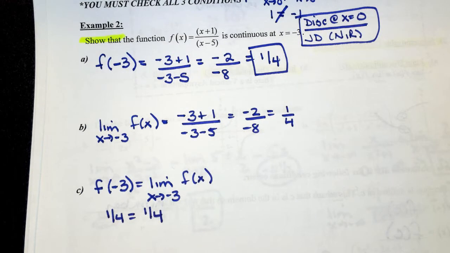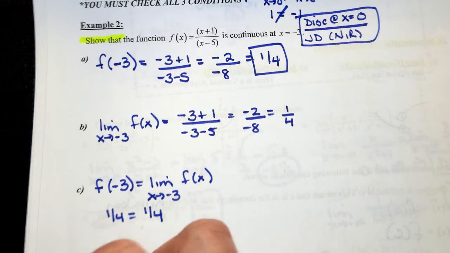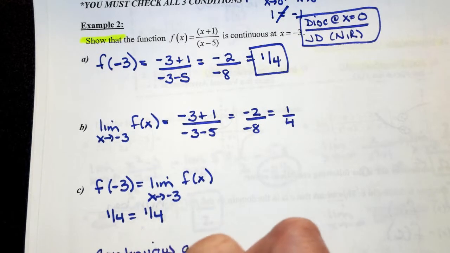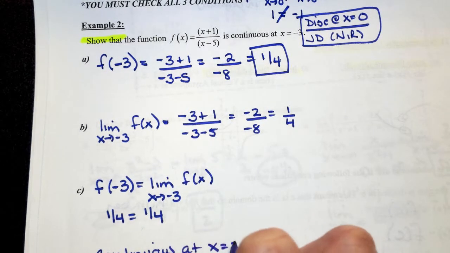You must show and you must state all three conditions. Again, it's a proof, just like you had to do back in geometry. I told you it's continuous at -3, now you're proving it to me, and all three conditions have to be true. Therefore, we know we are continuous at x equals -3.